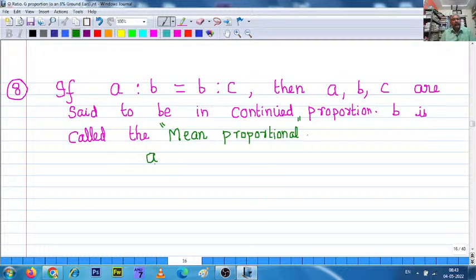See here, A by B equal to B by C. Apply the cross product here. If you apply the cross product, then what do we get?